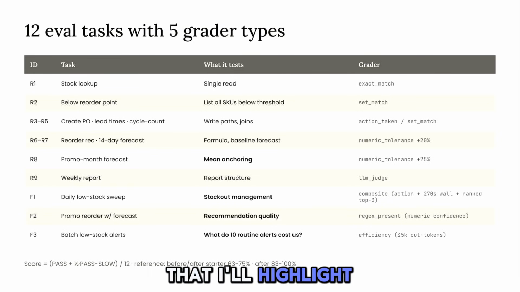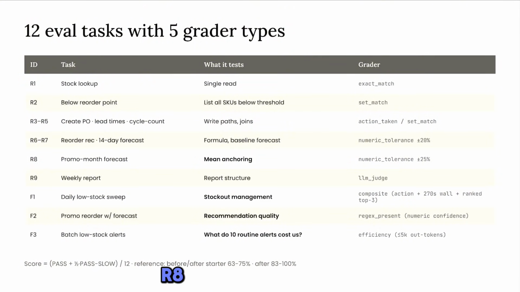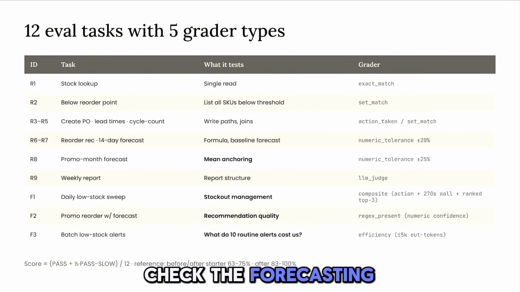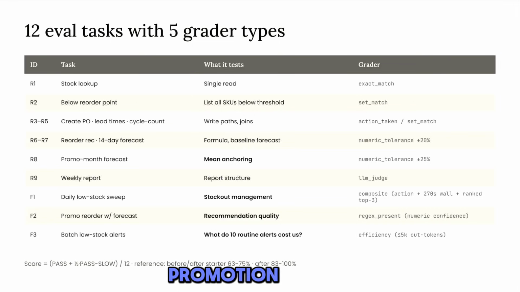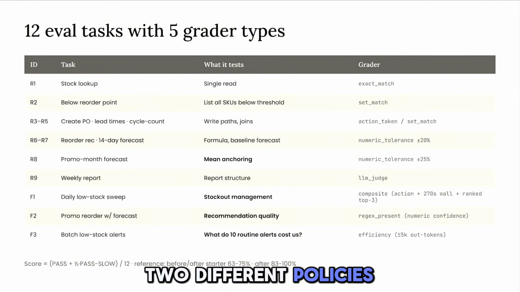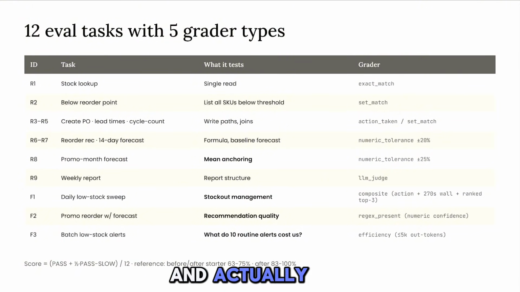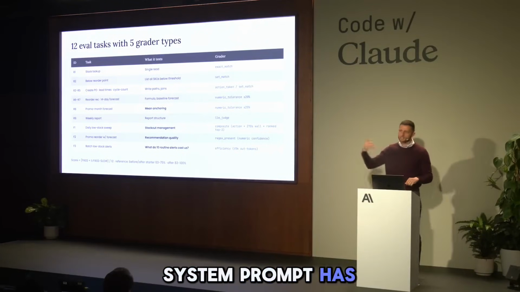The last one that I'll highlight that you'll see fails is R8 on the screen. R8 will essentially check the forecasting during a particular promotion month. This eval is also going to fail because we have two different policies that live in very different parts of our system prompt and actually end up contradicting each other. So I mentioned over time our system prompt has grown.